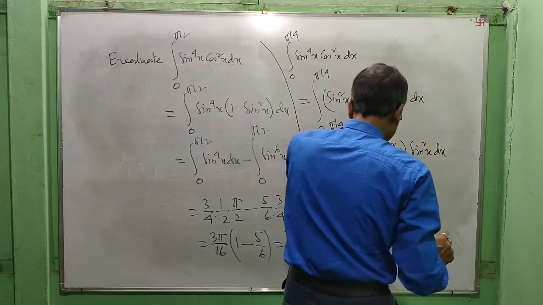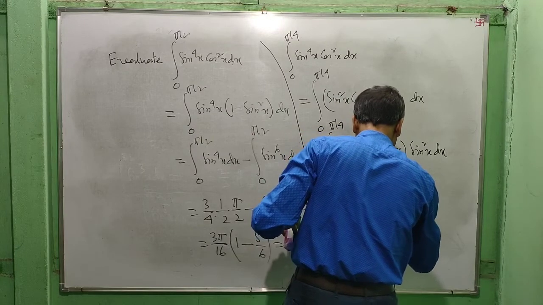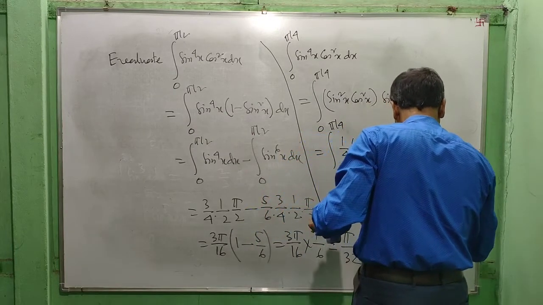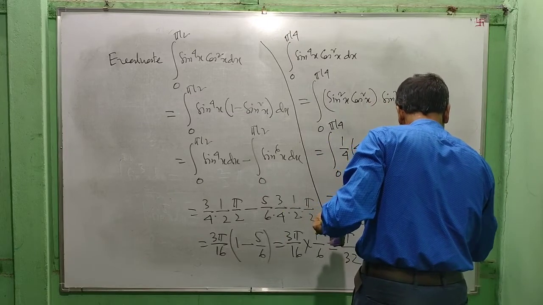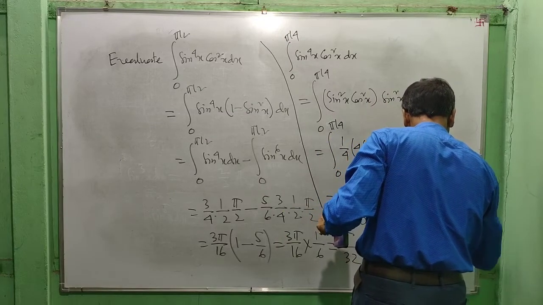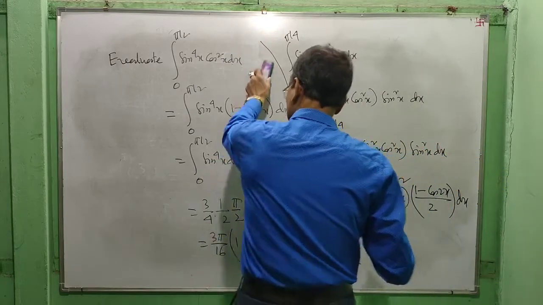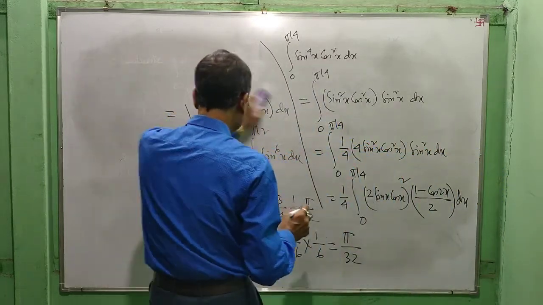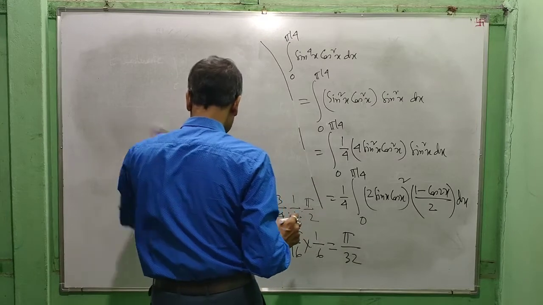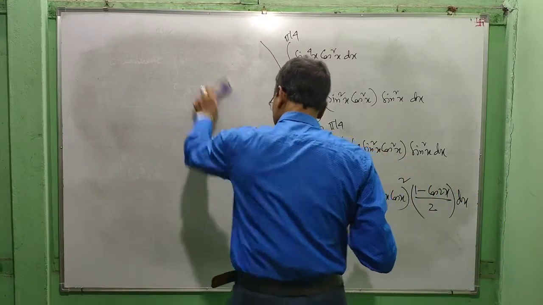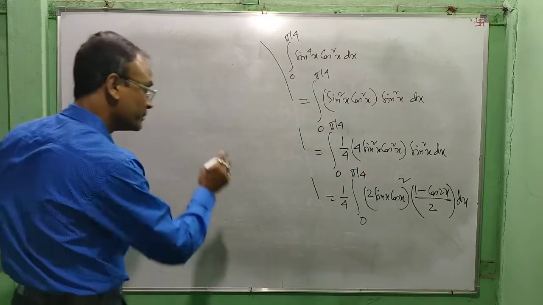It will be twice sin x into cos x whole square, and sin square x is 1 minus cos twice x divided by 2.